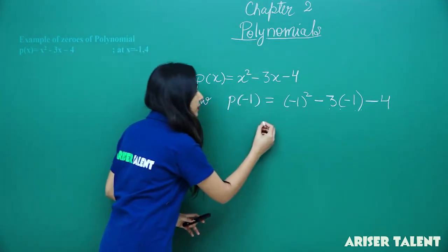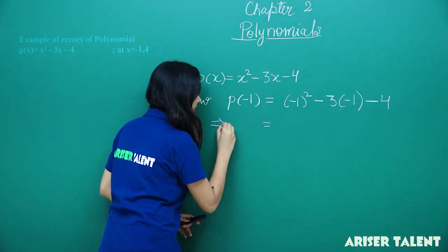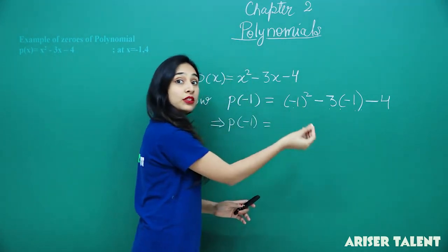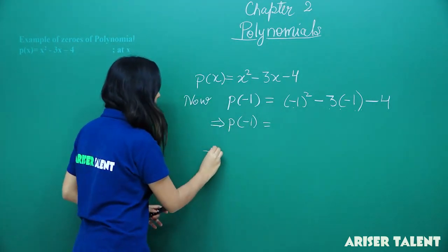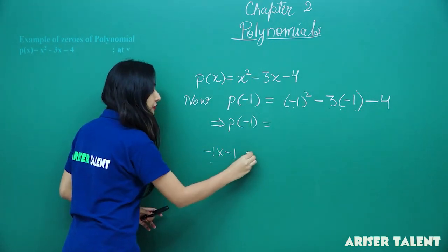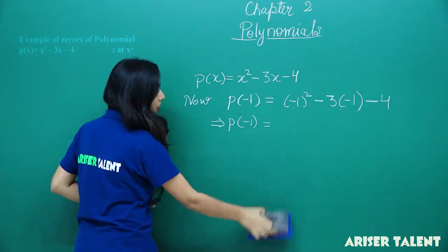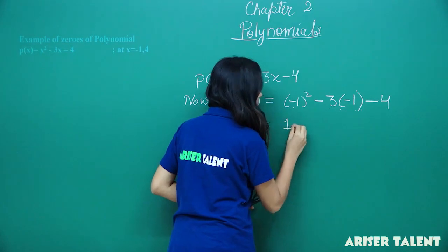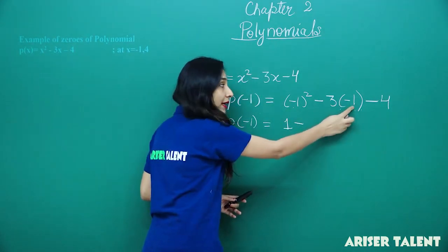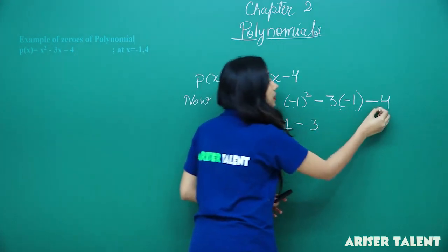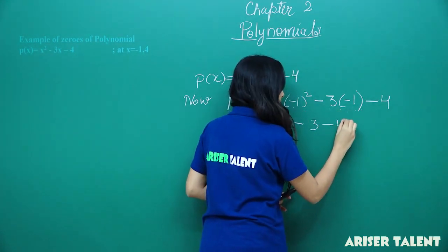Okay, now I'm solving it. Polynomial of minus 1: minus 1 square will become 1. Now minus and minus again plus, so it will become 3, right? Then this minus 4.